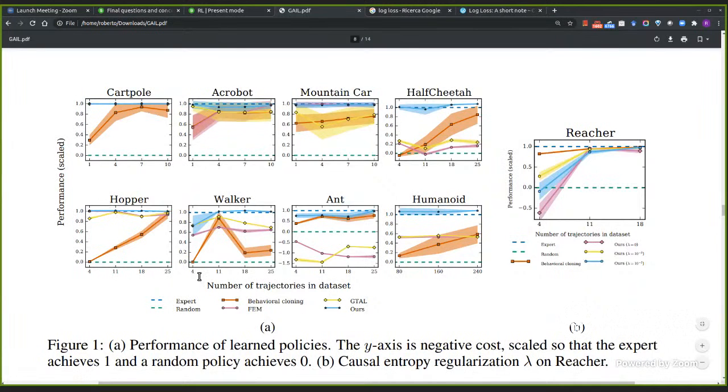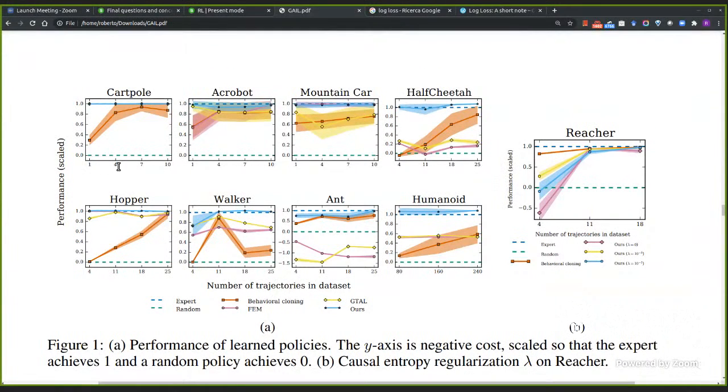On the x-axis, you have the number of trajectories in the dataset, and on the y-axis, the performance. So if you look at this, the number of trajectories required by GAIL in order to do imitation with the best performance is very reduced.